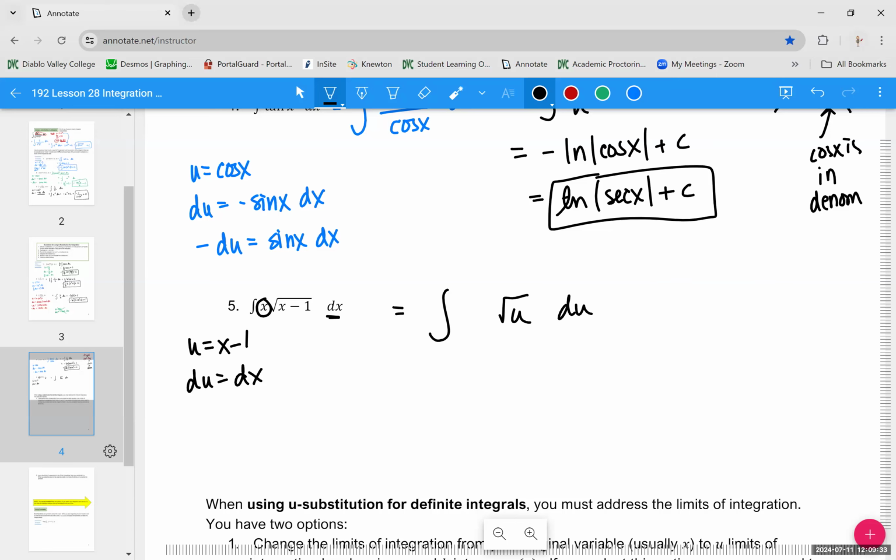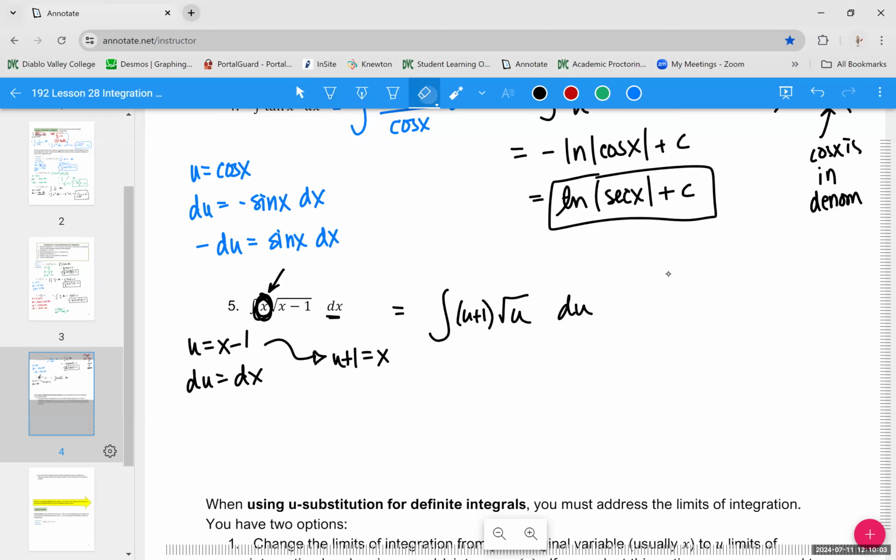I can't just put it out front because it's a variable. We're integrating. So instead, when you have this situation where the u and the x are the same power, you can solve this u equals x minus 1 for x and substitute that in.